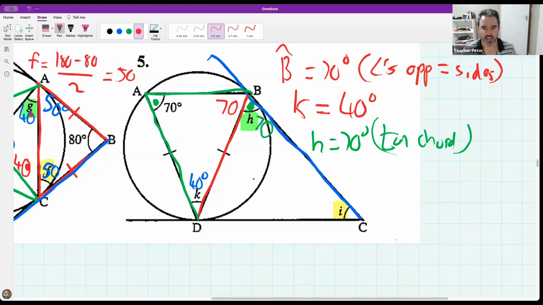Okay, last one for tonight. What is the I down here going to be? And what theorem have I not noticed yet that could help me?